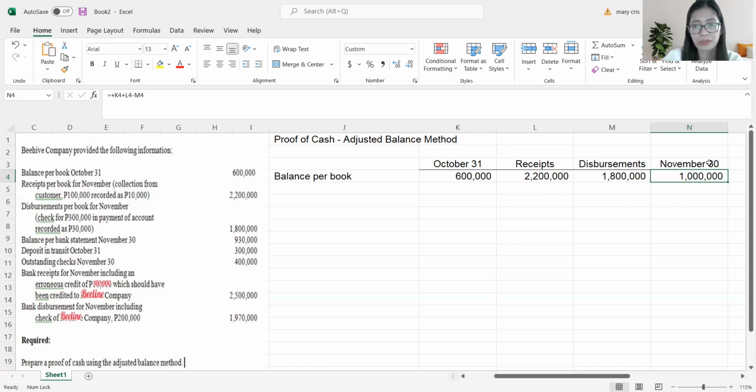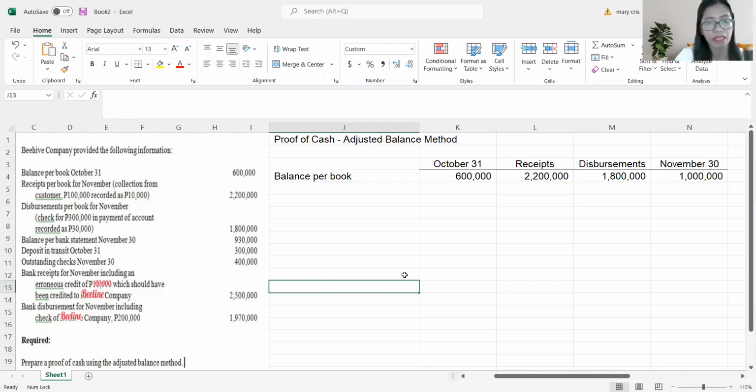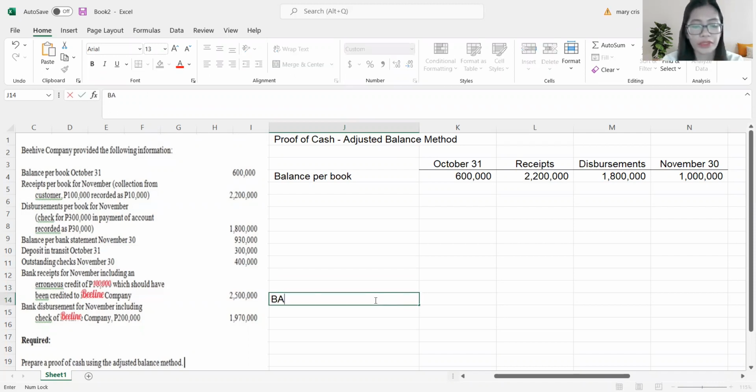So your balance per book as of November 30 is 1 million. Before we analyze the book reconciling items, let us first plot naman the balance per bank.